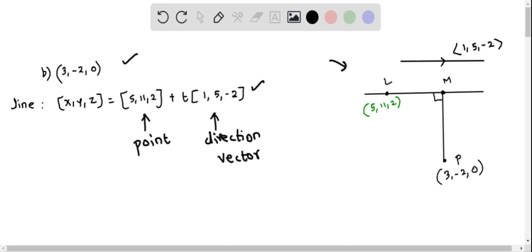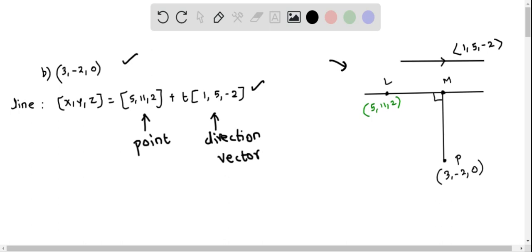The idea is to find a generic point on the line M using the line equation. Then we create the vector MP as well as the LM vector, and using the dot product we say that LM dot MP equals 0, because these two are perpendicular to each other.